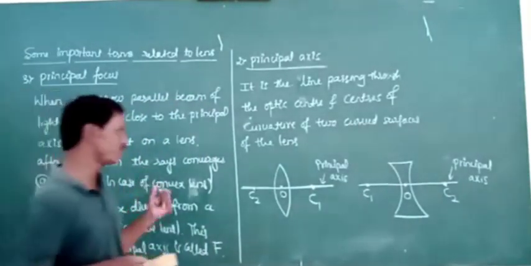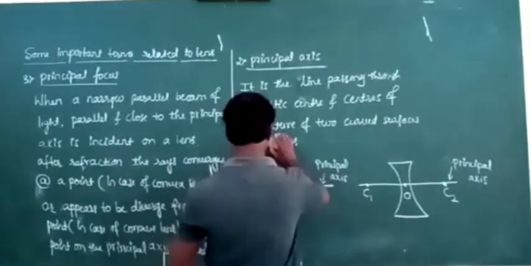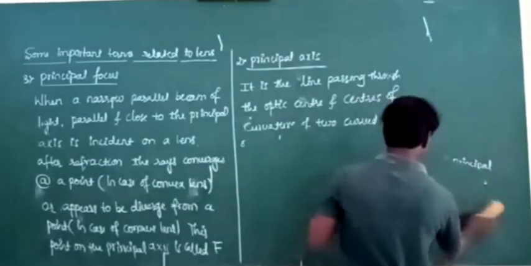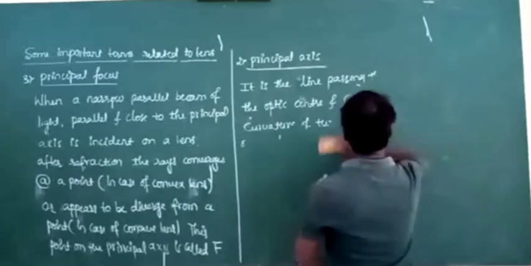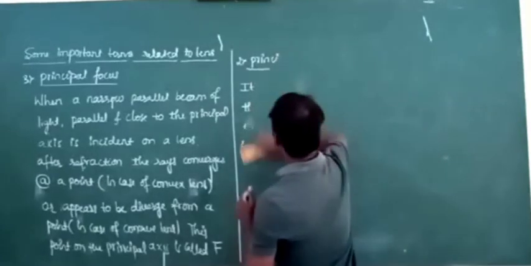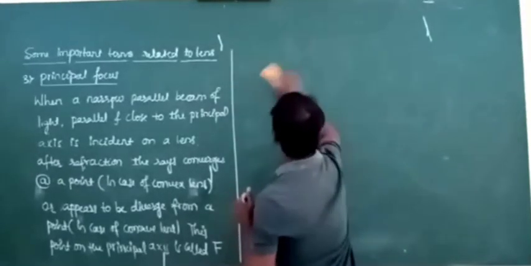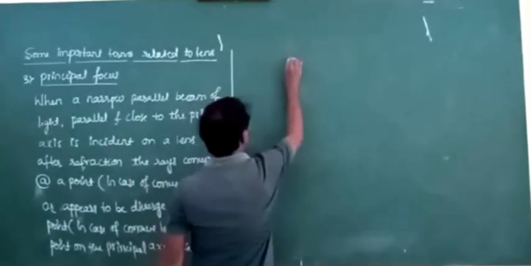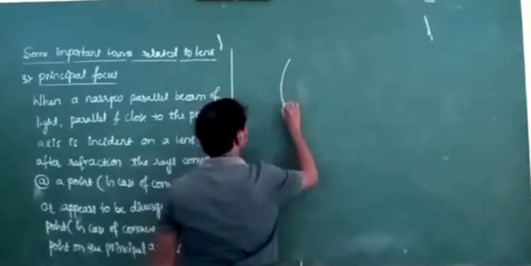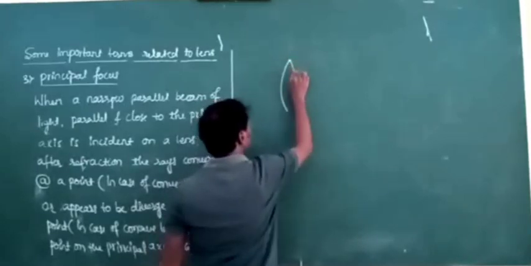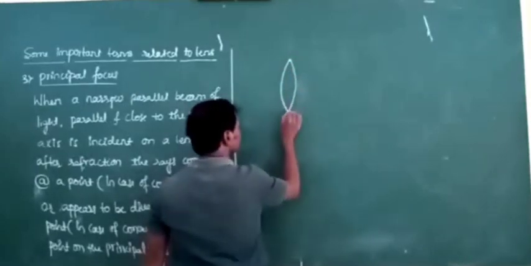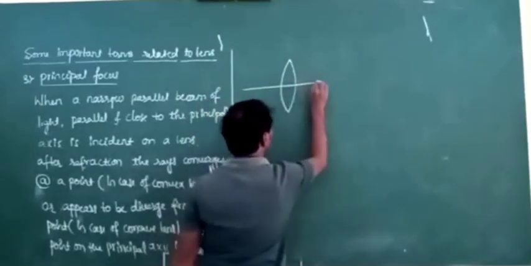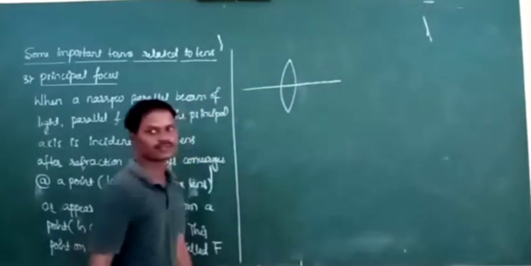Let us draw the ray diagram for the definition of principal focus. Now let us consider it is a convex lens. Then the principal axis. What is the principal axis?